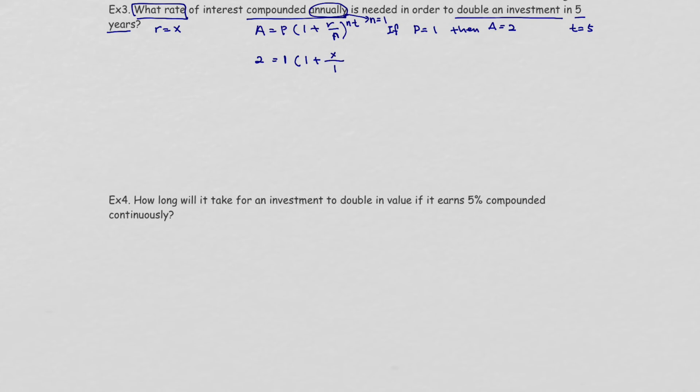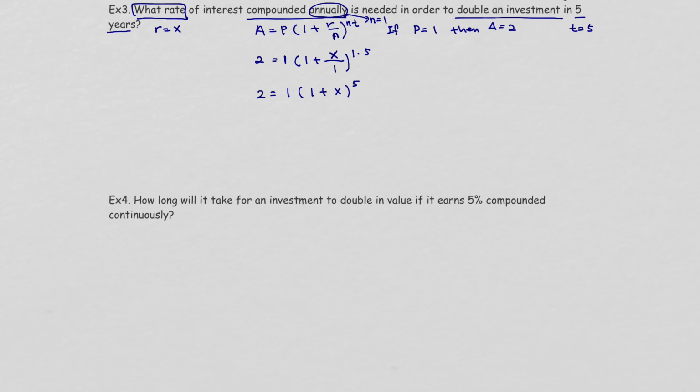N is 1. And let's see if we can solve for x, right? So first thing I'm going to do is simplifying. X over 1 is just the same as x. 1 times 5 will be 5, right? Just simplify what I have.